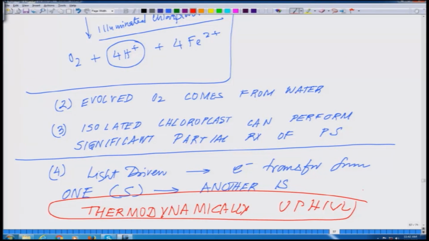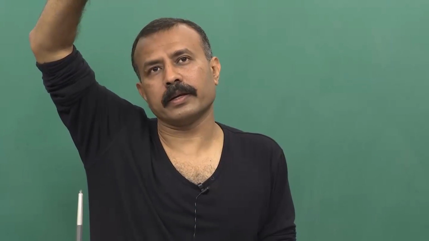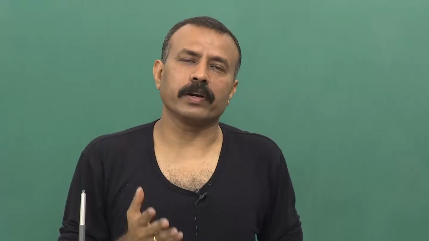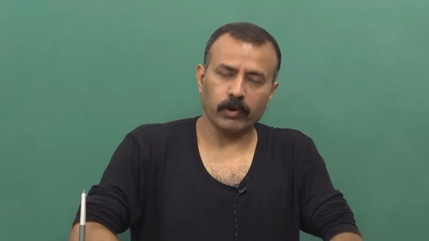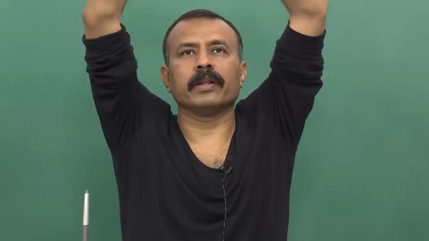So, it means electron transfer is not happening down the gradient all the time, it happens up the gradient. So, that needs a lot of energy. It is almost like pulling a bucket of water all the way uphill.